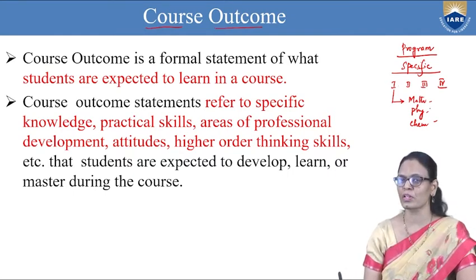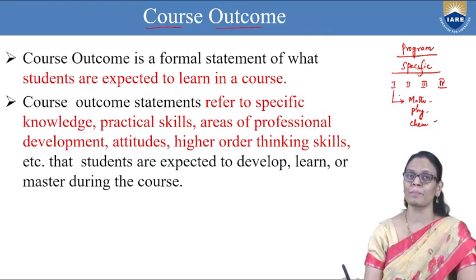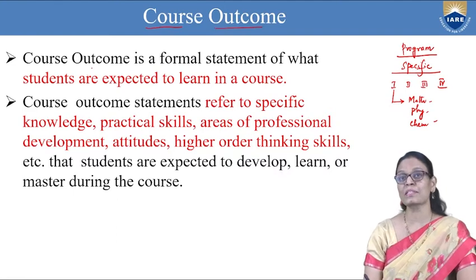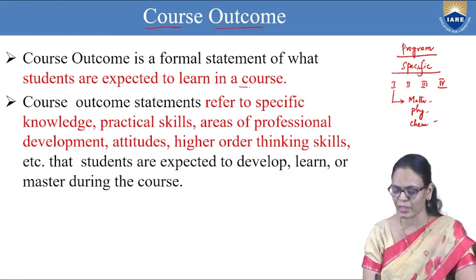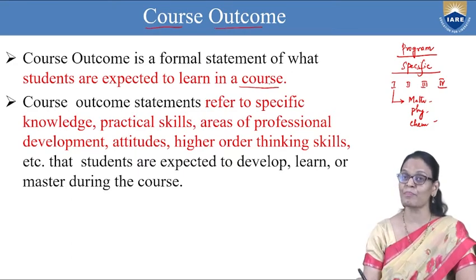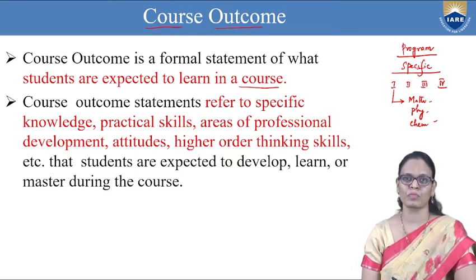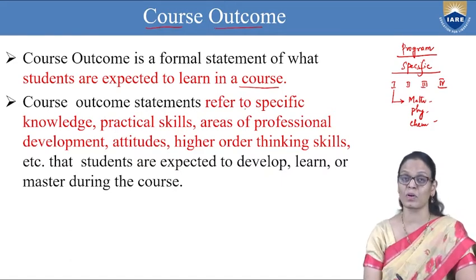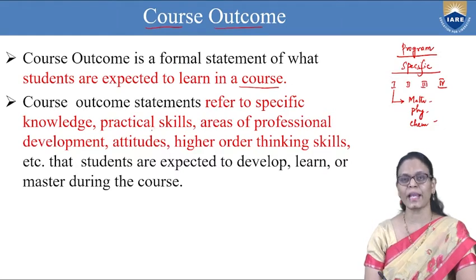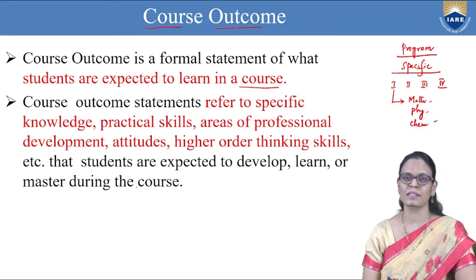That is what we were talking about, the course outcome being aligned or mapped with the program outcome. So a course outcome is a formal statement of what the students are expected to learn in that particular course, and this will help them to achieve the program outcome. Course outcome statements refer to specific knowledge, practical skills, areas of development, attitudes, and higher order thinking skills that the students are expected to develop or learn during the course.